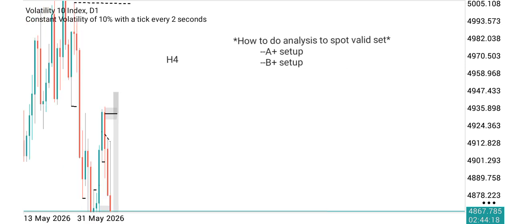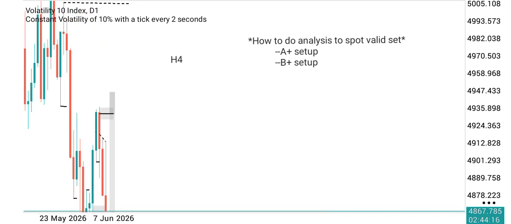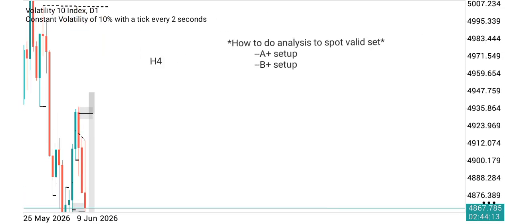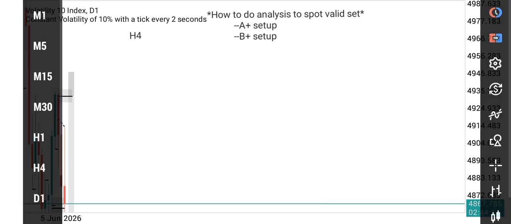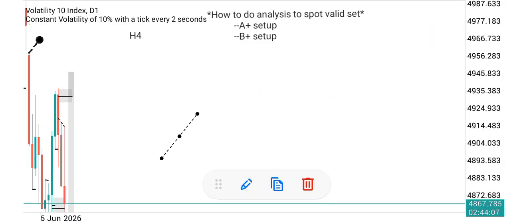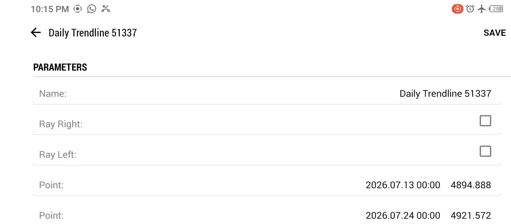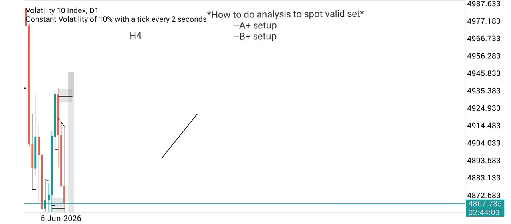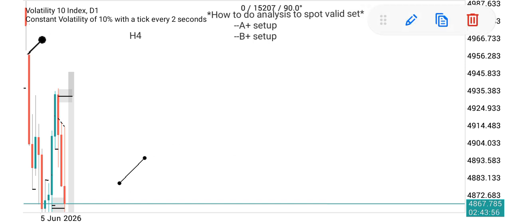Now let's say these are H4 market, 4 hours time frame. So once we spot our B+ setup, let's say it is an uptrend. As usual, I told you in our previous videos that the opposite of an uptrend is a downtrend. Everything there is the same.